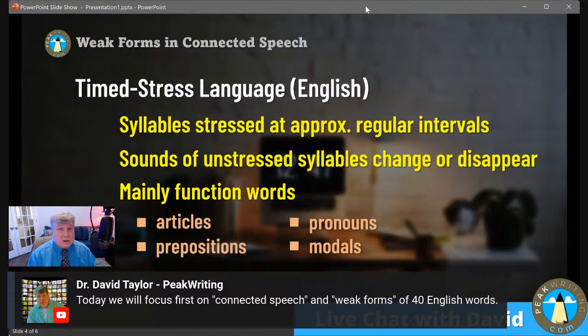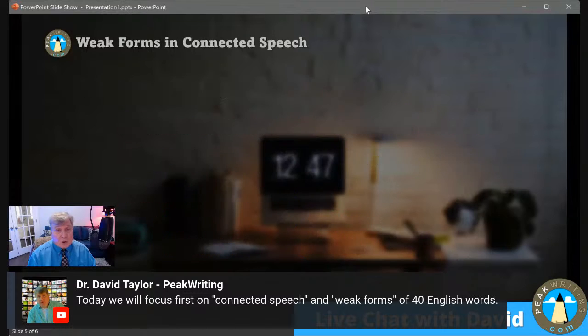I could even add conjunctions in there. So there is a limited group to which these changes happen. And that's good news for anyone who is learning English as a second language or additional language. Many of you have more than two languages. Many of you have 3 and 4 languages.